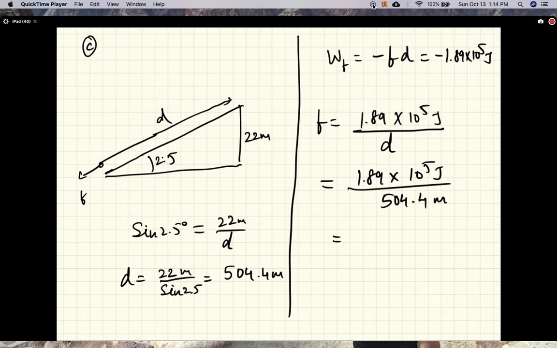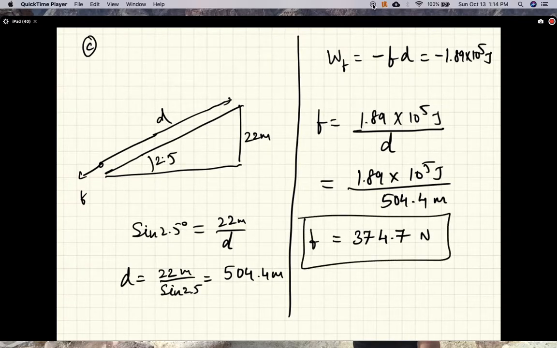This works out to 374.7 newtons. So the average friction force is 375 newtons. Okay, that finishes that problem.